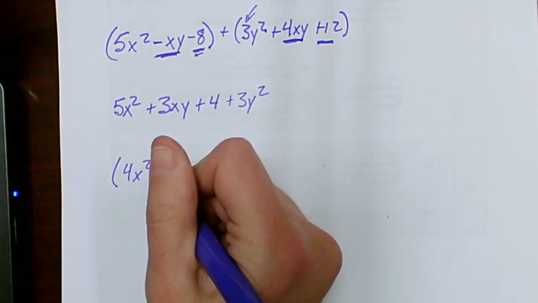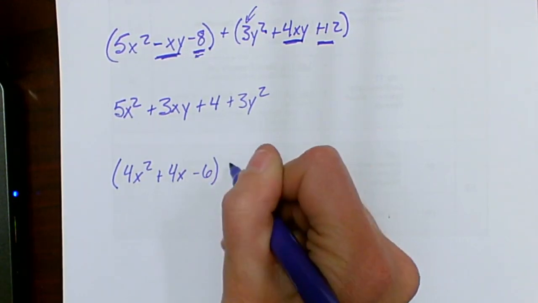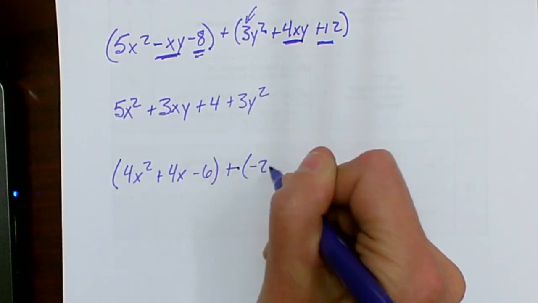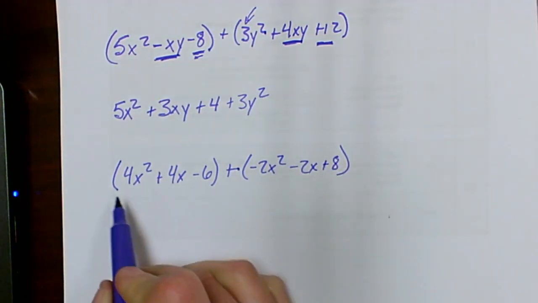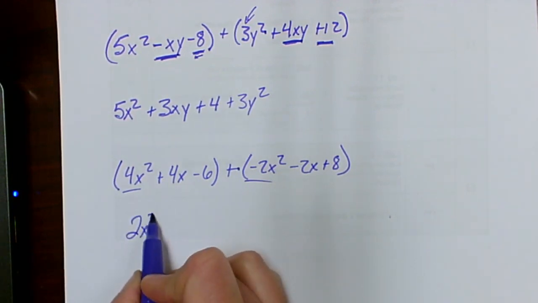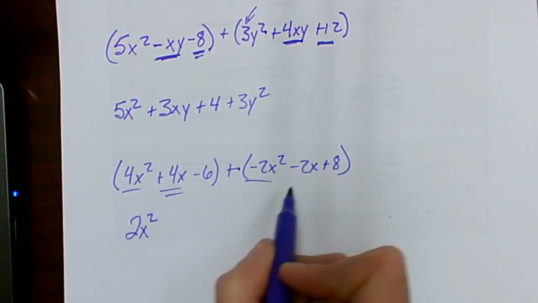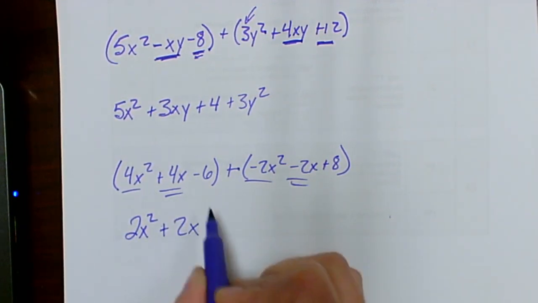So 4x squared plus 4x minus 6 plus negative 2x squared minus 2x plus 8. We have x squared, so 4 plus negative 2 is 2, and then we have x squared. 4 plus negative 2, and they both have x for their last name, is a plus 2x.